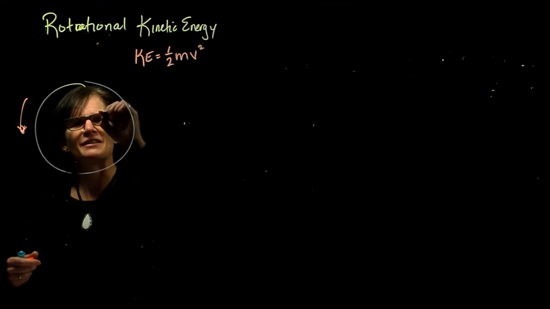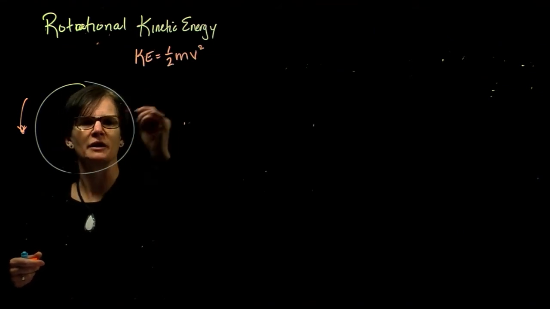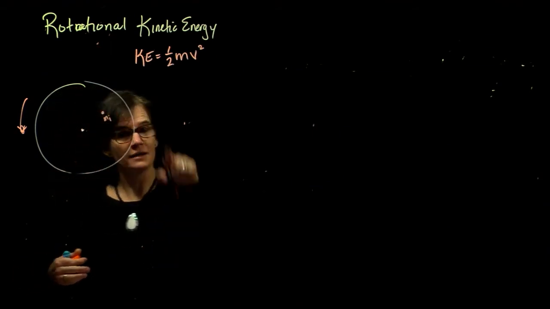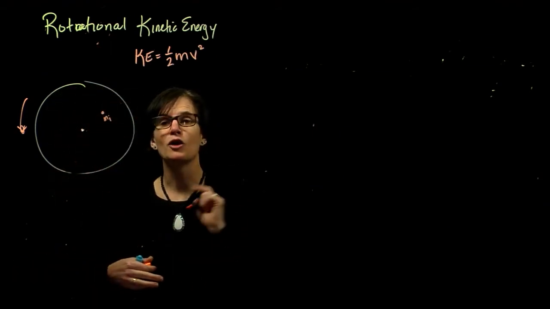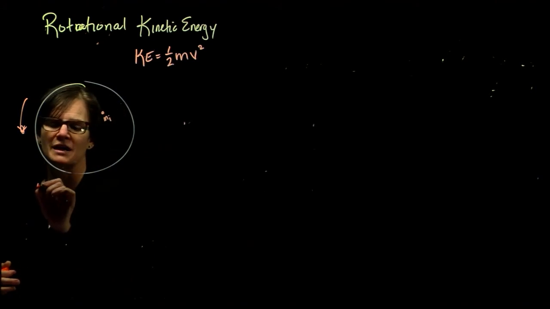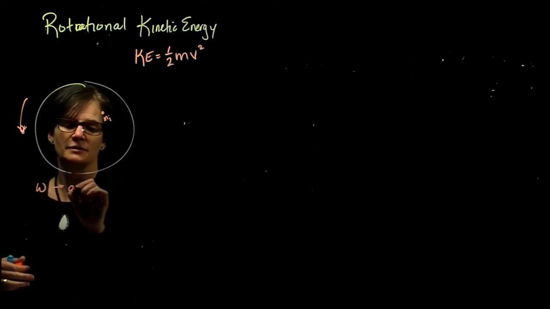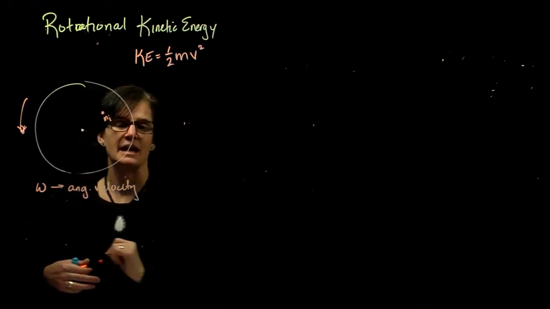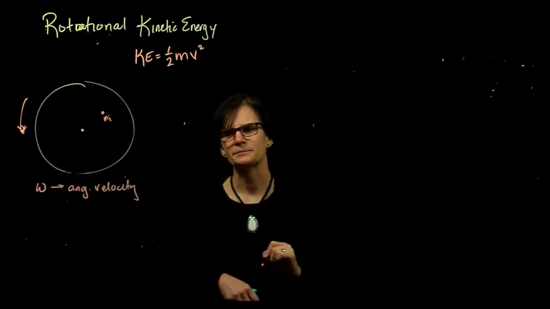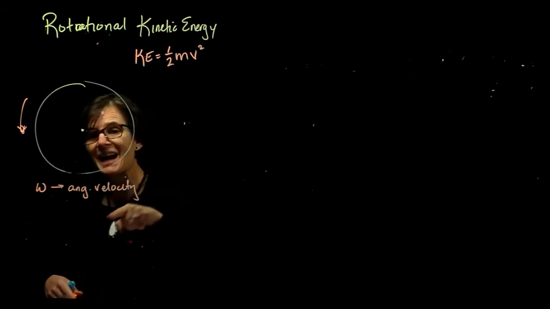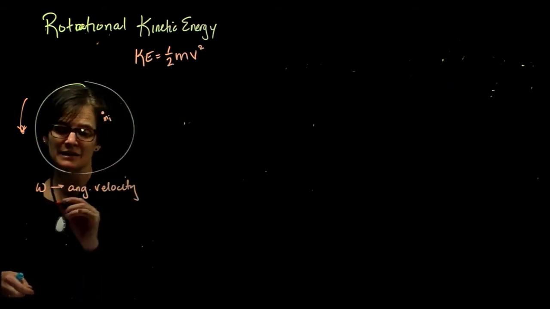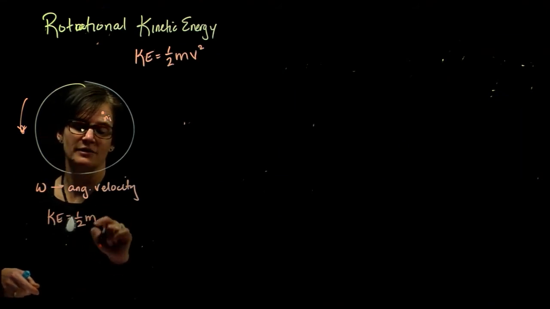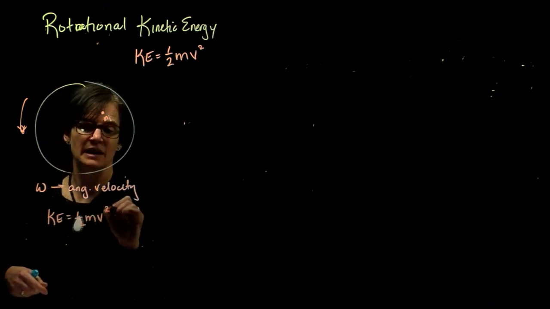So imagine that I have a tiny little mass. We're going to call this M1. Well, that tiny little mass is rotating along this disk with rotation omega, which is again the angular velocity, the angular speed, in this case, of that tiny little mass. And we know that that tiny little mass is moving with some kinetic energy equal to 1/2 the mass times its speed squared.